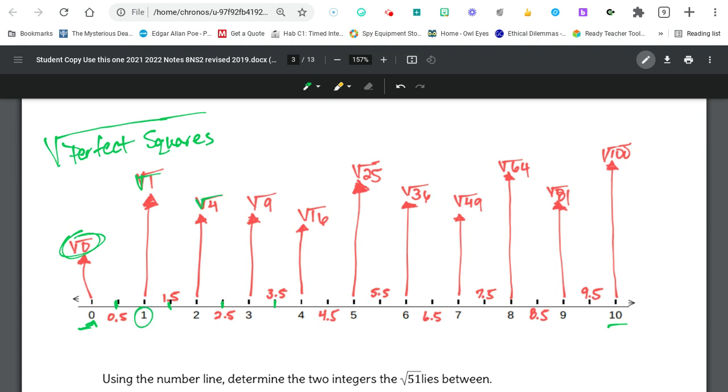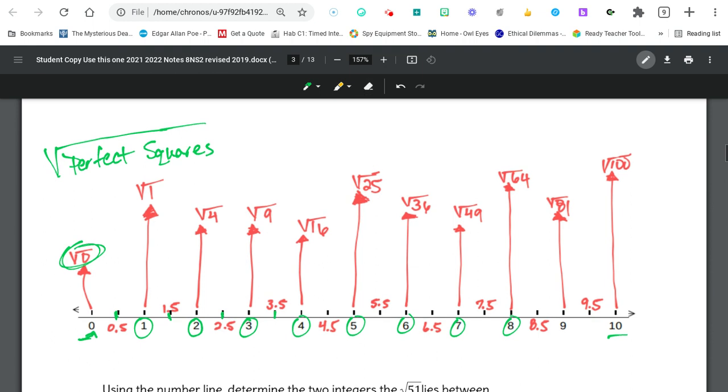The square root of 4 is 2. The square root of 9 is 3. The square root of 16 is 4. So 5 is the same as the square root of 25. 6 is the same as square root of 36. 7, same as square root of 49. 8 is the same as square root of 64. So you can see how I have it labeled.